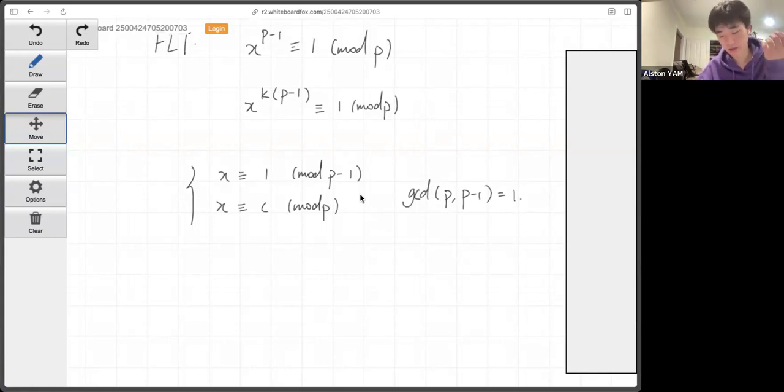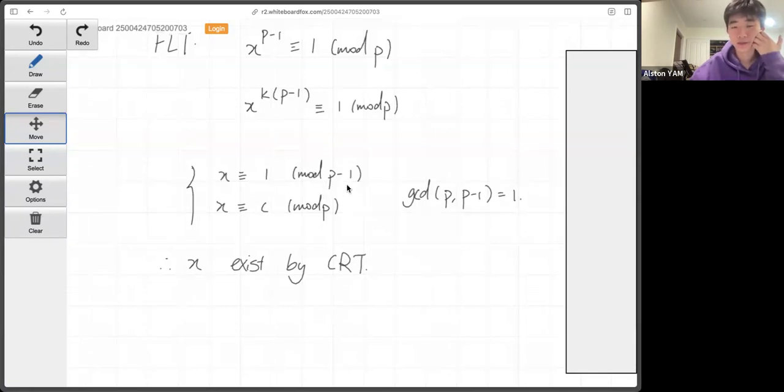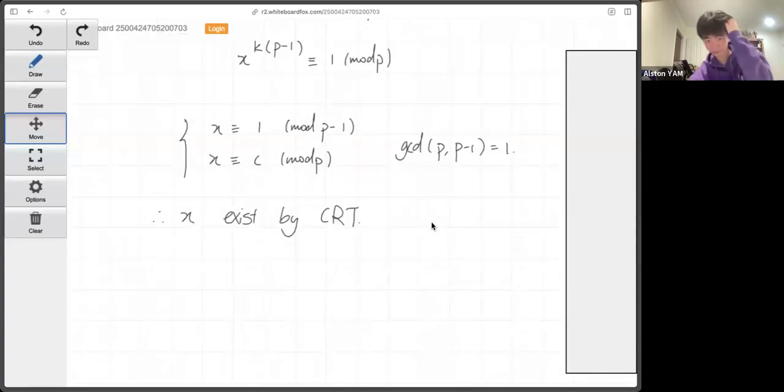So we can say, therefore, x exists by the Chinese remainder theorem, where c and 1 are just some random integers, and we have p minus 1 as b1 and p as b2. So x must exist by the Chinese remainder theorem.